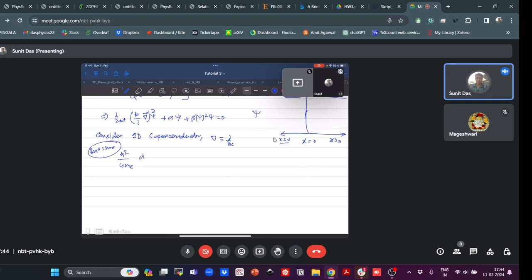And then d2 psi dx2 plus alpha psi plus beta psi square psi equal to 0.